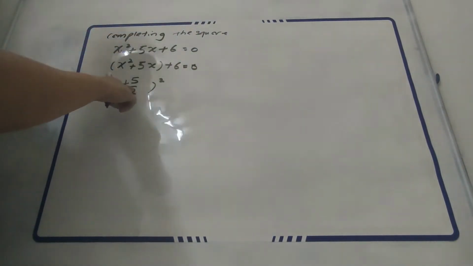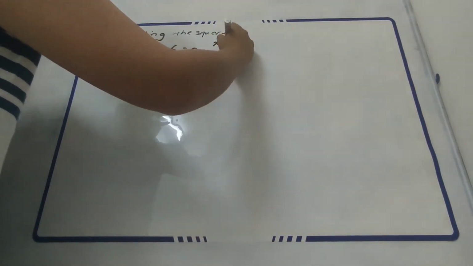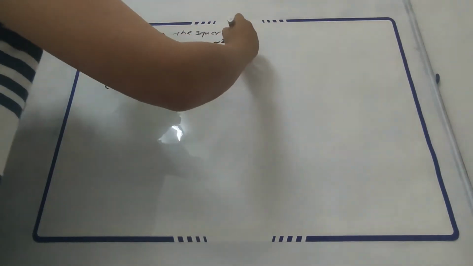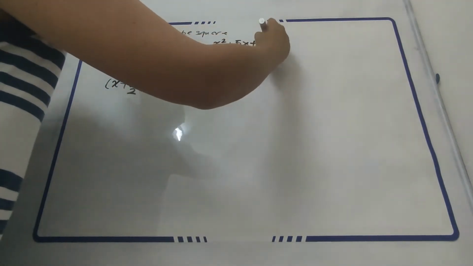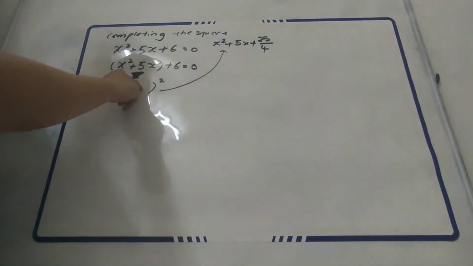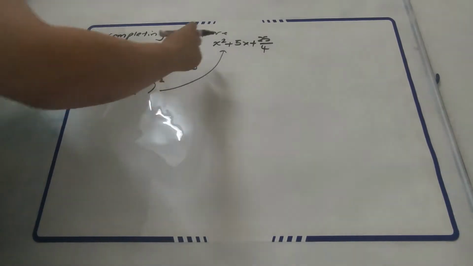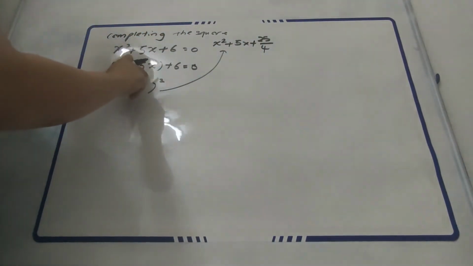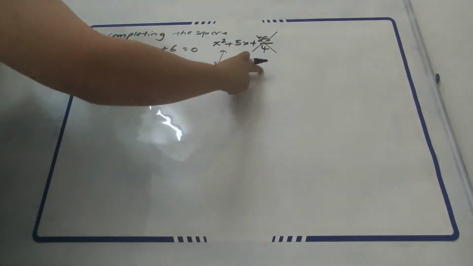Your x plus 5 over 2 squared is actually equal to x squared plus 5x plus 25 over 4, because 5 squared divided by 2 squared. And to make this equation become the original equation, you need to remove this part, 25 over 4.